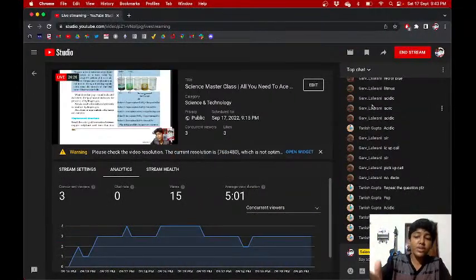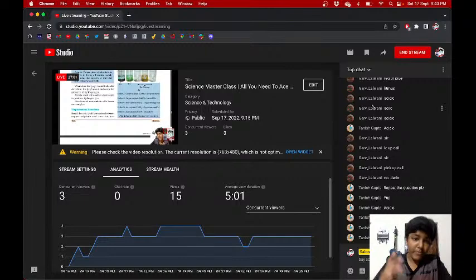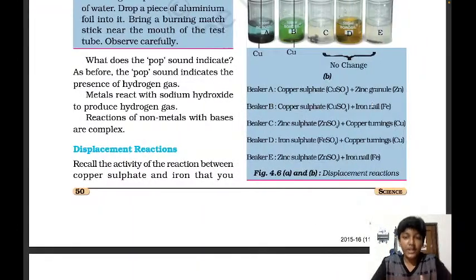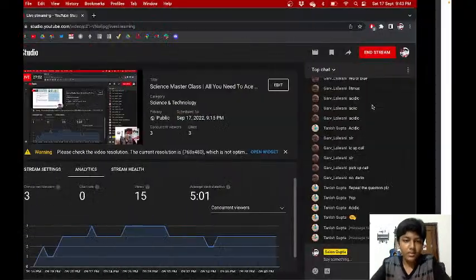Now this will have no reaction as zinc is more reactive than copper, and we'll get zinc sulfate solution with copper. Iron sulfate with copper, still no reaction as iron is more reactive than copper. And zinc sulfate plus iron nail, so we'll get FeSO4 plus zinc, right?